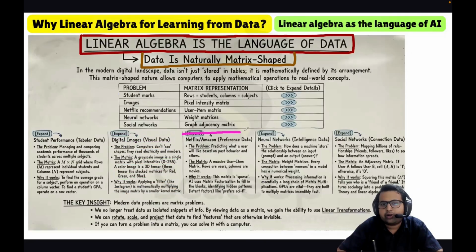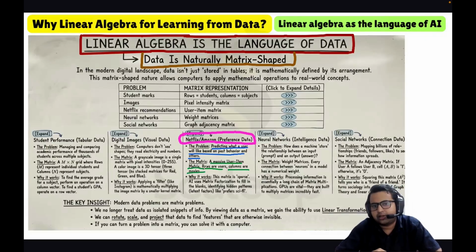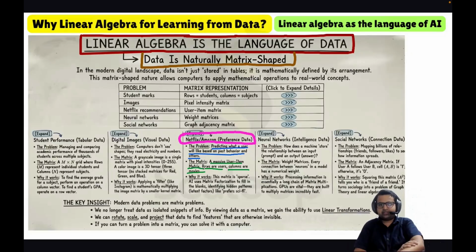If we talk about Netflix recommendation or Amazon recommendation, we have user preference data. The problem is predicting what a user will like based on past behavior and some other factors. Here we make use of a massive user item matrix where rows are the users and columns are the items, which can be movies for Netflix or products for Amazon.